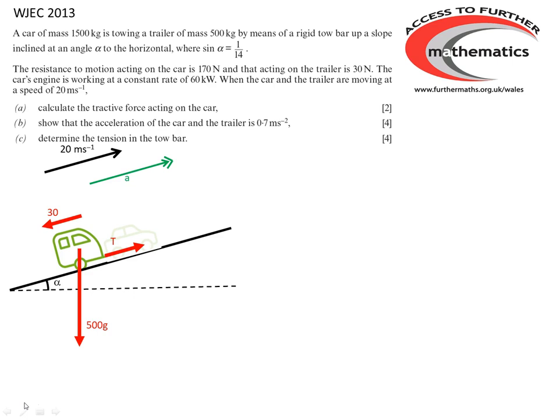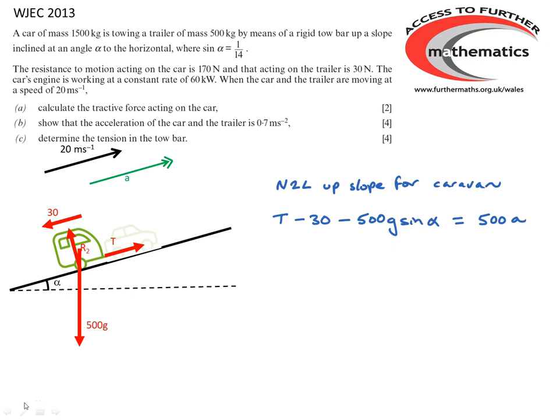Now again, we can apply Newton's second law to the trailer alone. So applying Newton's second law up the slope for the trailer, we've got T minus 30 minus 500g sine alpha must equal the mass of the trailer, which is 500, times the acceleration.